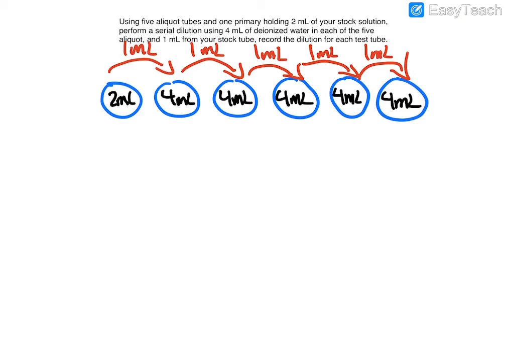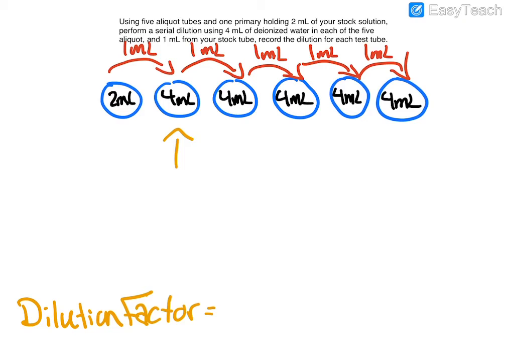So the next thing you have to do is find your dilution factor. To find that, all you have to do is add what's in your second tube with the amount you're aliquoting into the next tube, which is 5 milliliters, and we're going to turn it into a fraction.